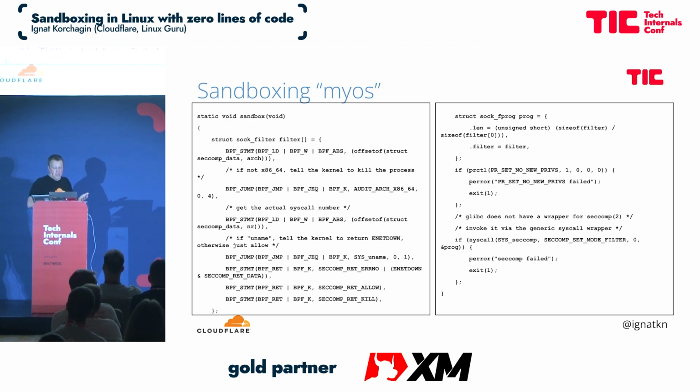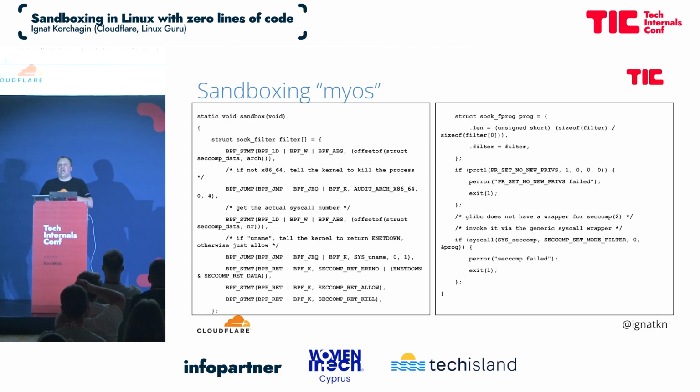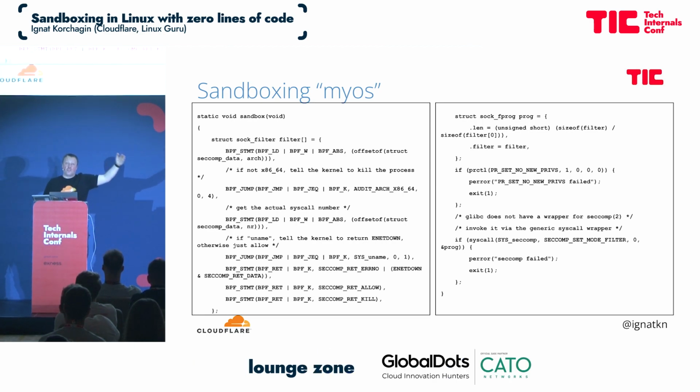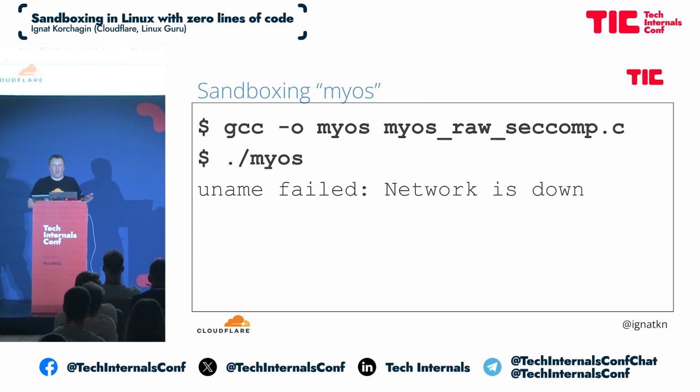So you write your desired policy, and for the purposes of demonstrating how this technology works, we will actually write an invalid policy. We will write that we allow every system call except the uname one. So we will say in this policy, if the application tries to call the uname system call, you can also tell the kernel not to kill the application, but instead return an error code, a custom error code, and you can select whatever error code you like.